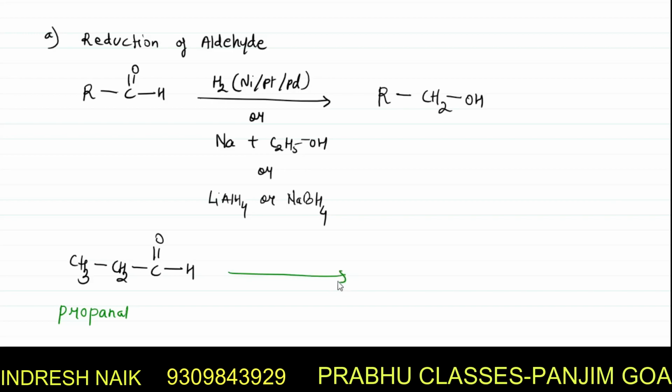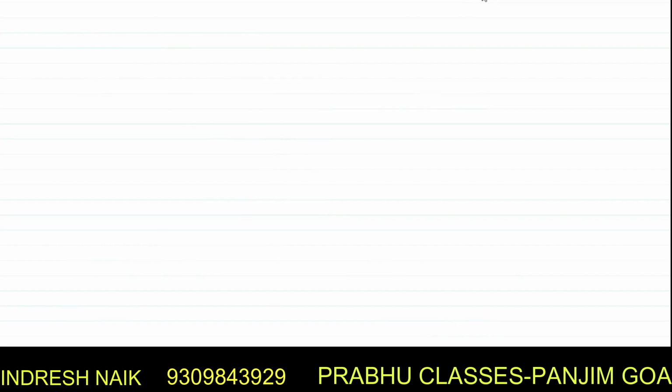And if you put the same reducing agent, the above reducing agent, the compound you are going to get over here is CH3, CH2, CH2, OH. The compound name is propan-1-ol, right? This is about the aldehyde.